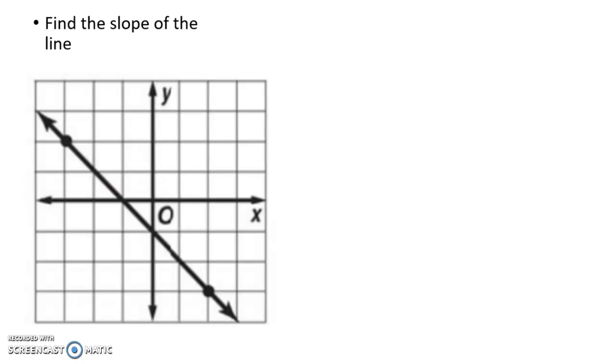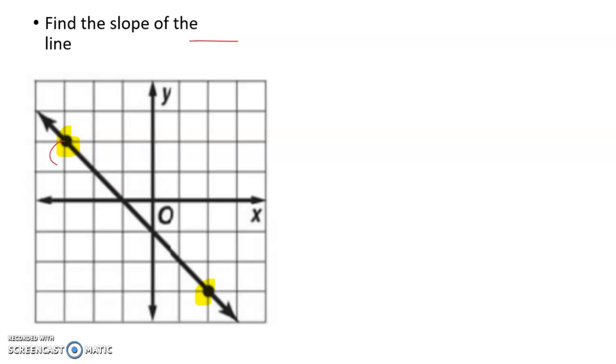Find the slope of the line. If I'm looking at this line, I notice that it has a negative slope. Therefore, my final answer will be negative. Here are my dots.